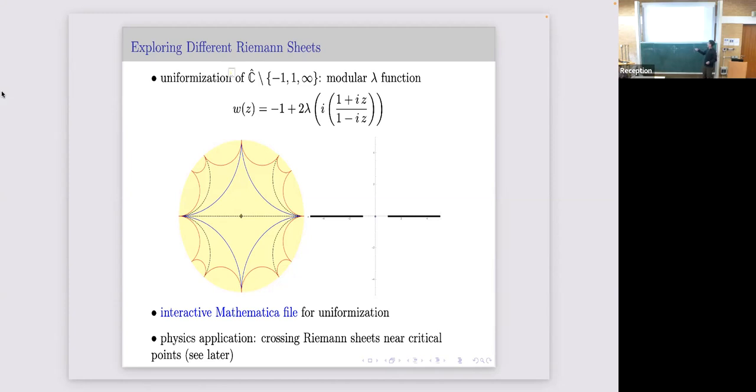You just iterate, you fill out the whole unit disk, and you have all of the Riemann sheets. The dashed black lines here represent this gap between the 2 functions. And this red line here is the reflection of these lines in this line.